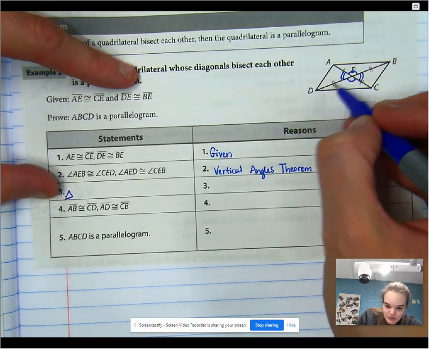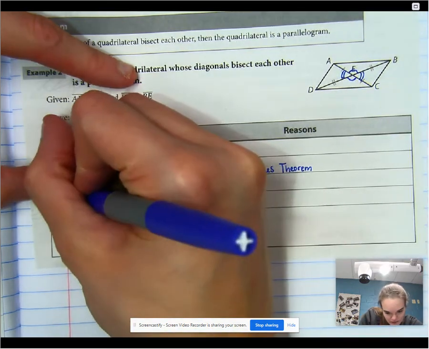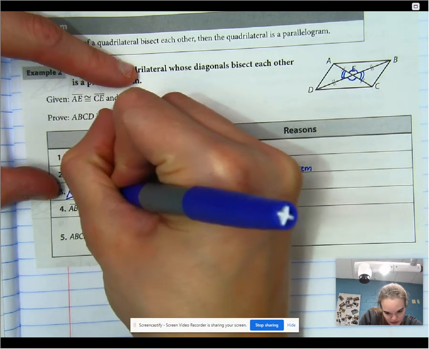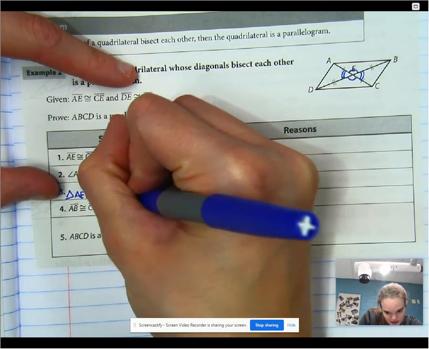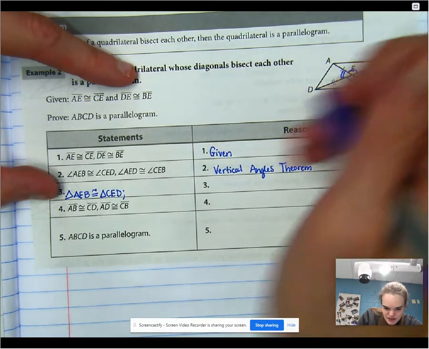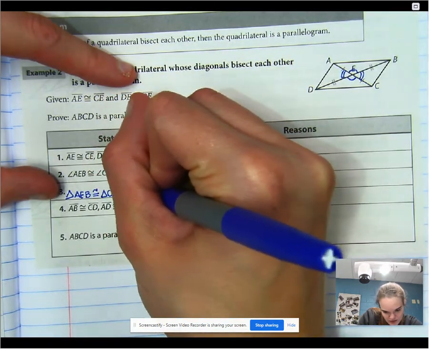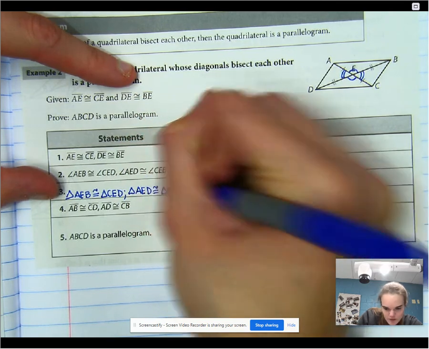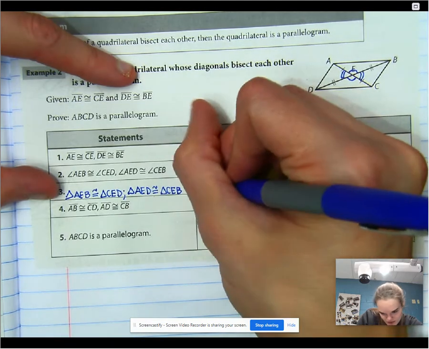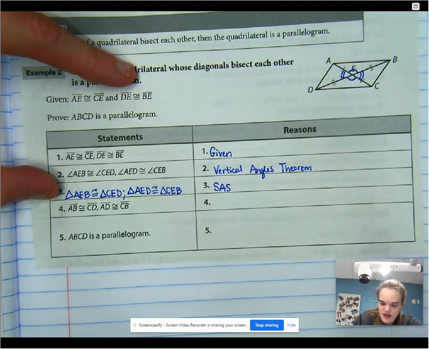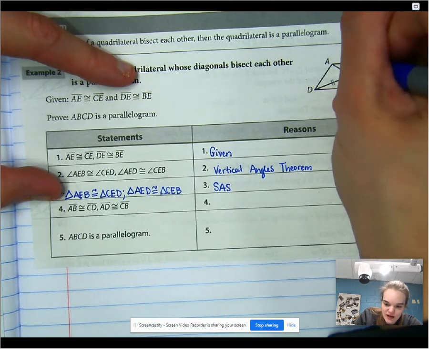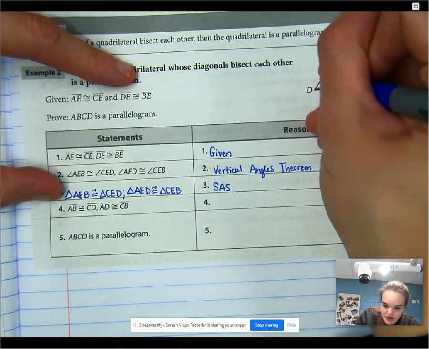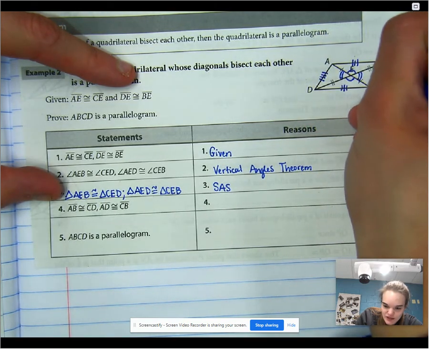Okay, so AEB, we'll start with this one, is congruent to CED, and AED is congruent to CEB because we have side angle side. Okay, that then gives us that the opposite sides, AB and CD, are congruent, as well as AD and CB.